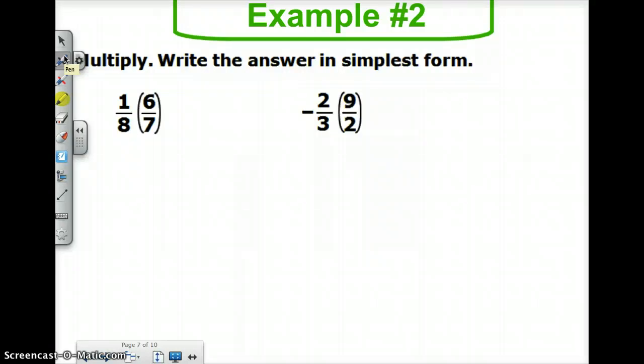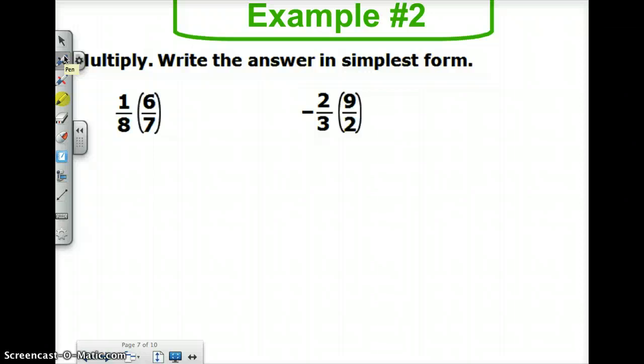Cross-canceling is finding a common factor with any number that's in the numerator with any number that's in the denominator. So here I'm going to look at the 1 and the 7. There is not a common factor other than 1 for both 1 and 7. So those numbers are going to stay the same.